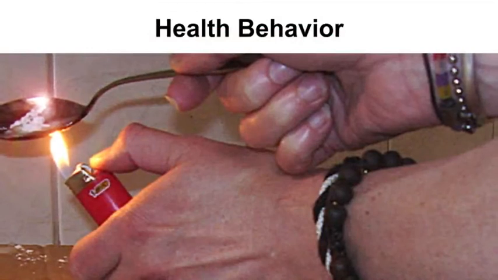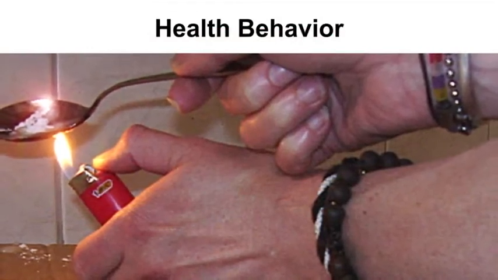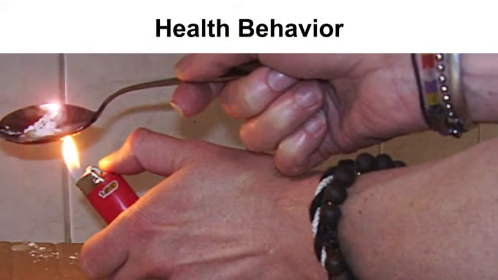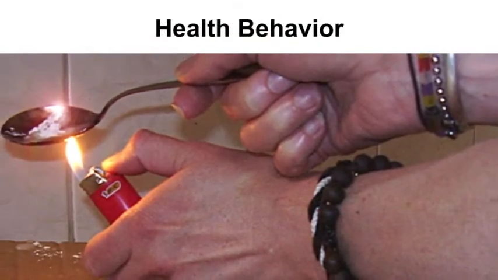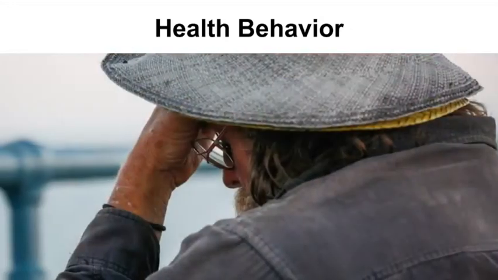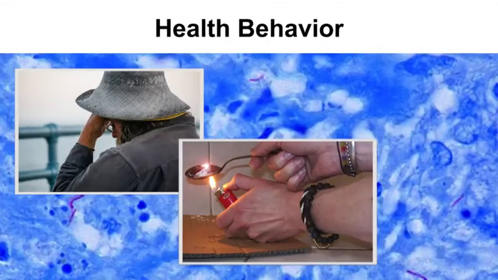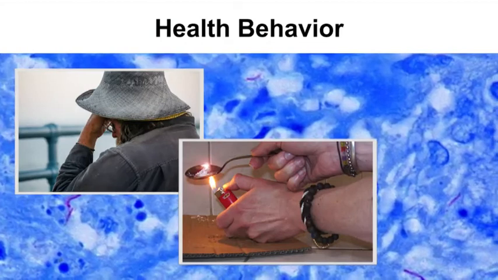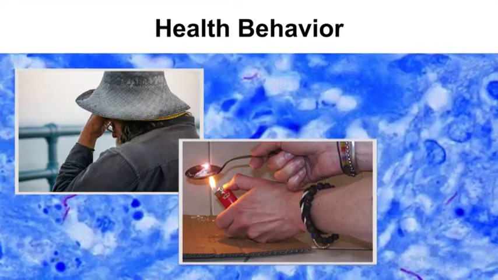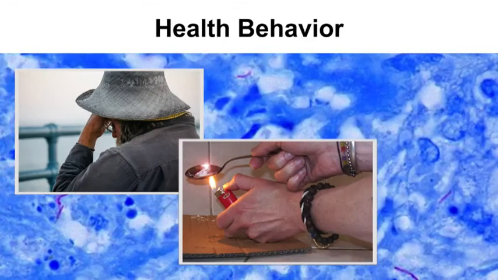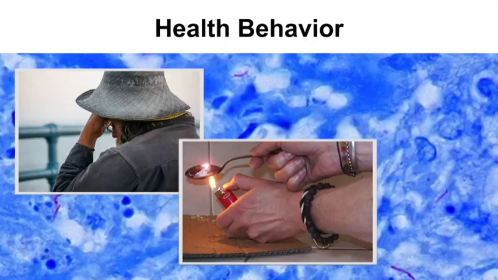Health behavior epidemiologists research the distribution and determinants of health behaviors and evaluate interventions and services for behaviors such as substance abuse or psychiatric disorders, and also how health behaviors and policies are associated with communicable diseases such as tuberculosis, human immunodeficiency virus or HIV, and other sexually transmitted infections.